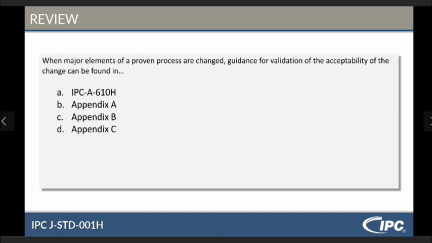If major elements of a proven process are changed, guidance for validation of the acceptability of the change can be found where? We haven't really mentioned 610 all that much, and that's not what we were talking about. So we know it's an appendix. Let's see if we can find where this appendix is mentioned.